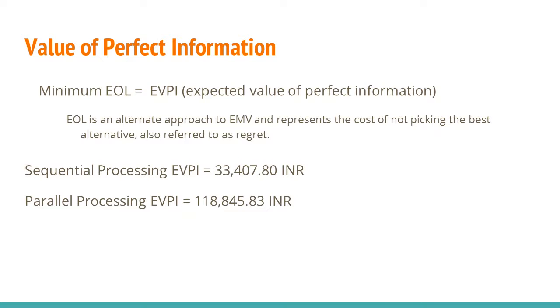In the case of Darwin, the EVPI for sequential processing comes up to 33,407.80 Indian rupees, and the EVPI for parallel processing comes up to 118,845.83 Indian rupees. Therefore, if Darwin had the possibility to get perfect information, he should pay no more than this amount.